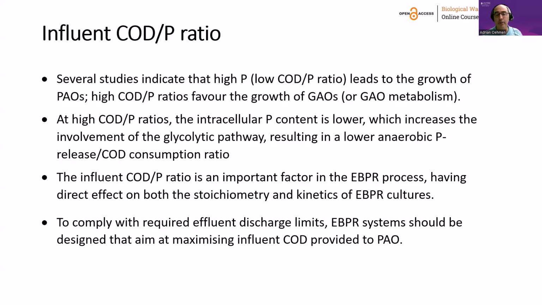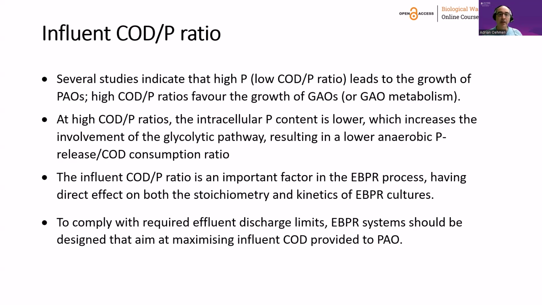At high COD to P ratios, the intracellular phosphorus content is lower, and that favors the glycolytic pathway, that favors the GAU-like metabolism, and that results in a lower phosphorus release per carbon consumption ratio, as COD or as VFA or whatever. That can have a direct impact on how much P release you're able to see.